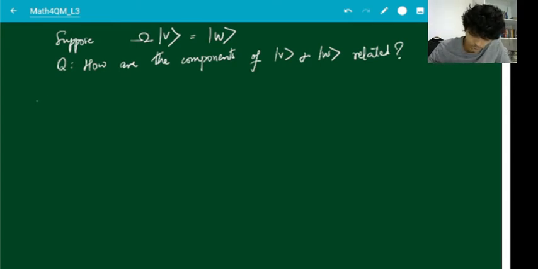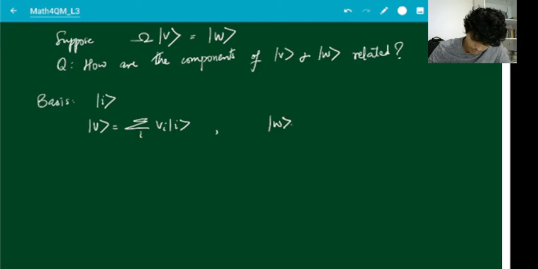So let's choose some basis set and we'll call these |i⟩. So I know that v I can represent in terms of the basis vectors and some coefficients. Similarly, w also I can write in terms of some coefficients and the basis vectors.